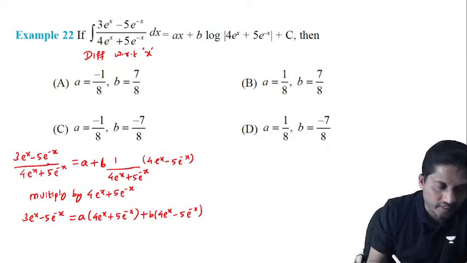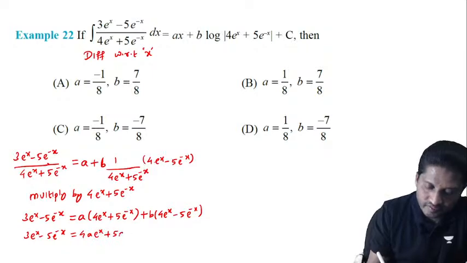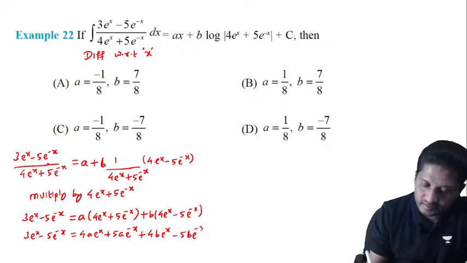Now this is 3 e power x minus 5 e power minus x is equal to 4a e power x plus 5a e to the power of minus x plus 4b e power x minus 5b e power minus x.